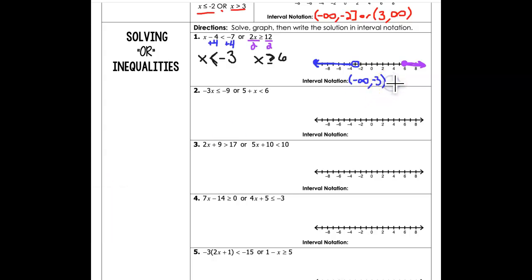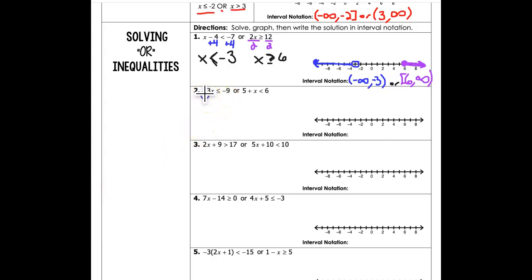Or for this one on the right, the purple one, my smallest value is 6, and it is included, so it gets a bracket. Largest value is +infinity, and we put our parentheses. So a little bit more work, because we have to solve the two inequalities at the same time. We have to graph them on the same number line, and then we have to put our interval notation twice.